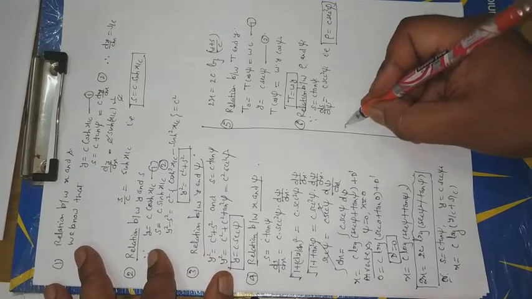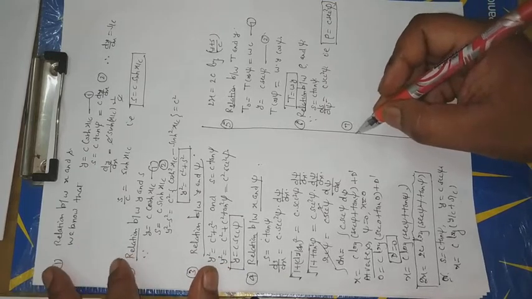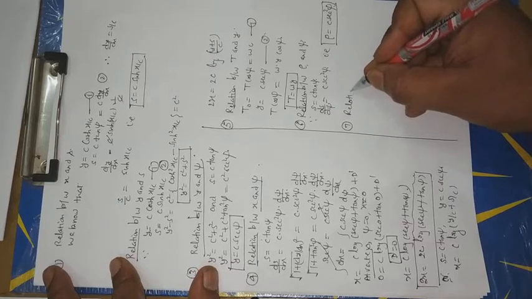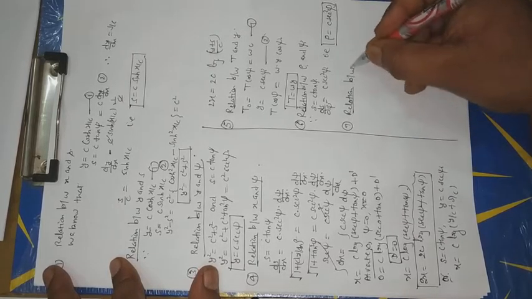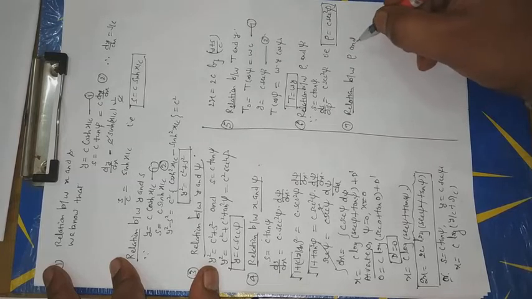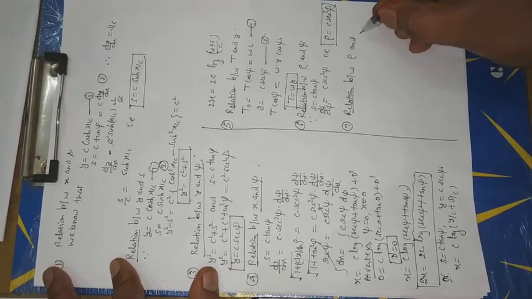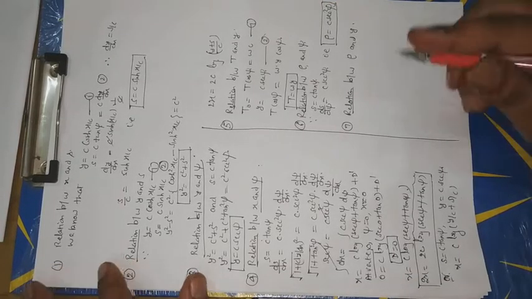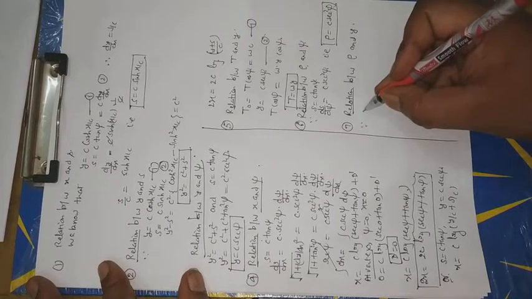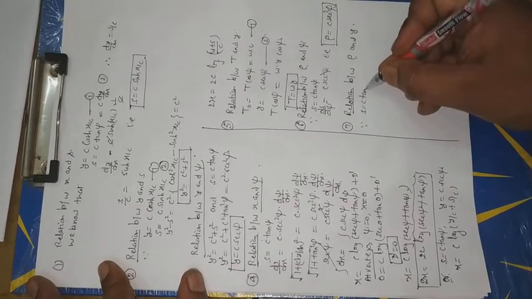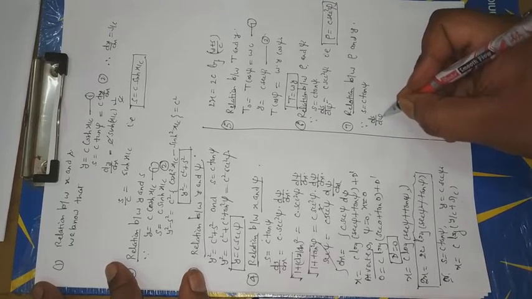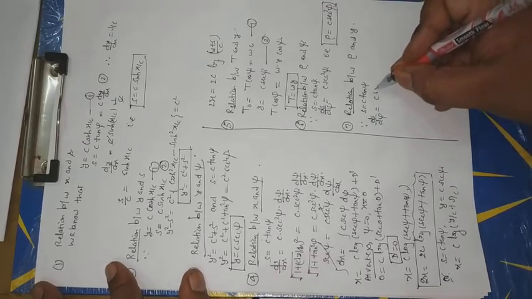Now the seventh relation, between rho and y. Relation between rho, which is said to be the radius of curvature, and y, the ordinate. Since s is equal to c tan psi, now ds upon d psi is equal to c sec square psi.